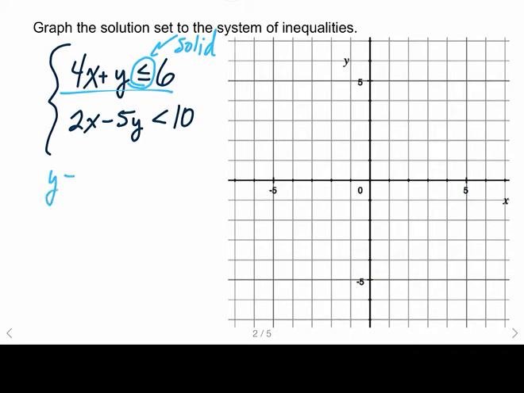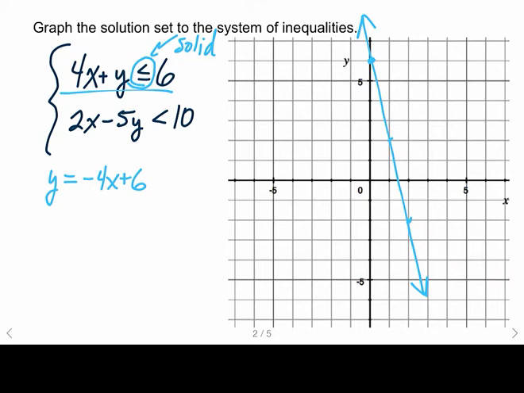And so I'm actually going to graph y equals negative 4x plus 6, and then we're going to use test points to figure out which side to shade. So if y equals negative 4x plus 6, then we have a y-intercept of (0, 6), and a slope of negative 4. So down 4 and to the right 1, down 4 and to the right 1, and then we're going to draw a line. And again, the line is solid because it was a non-strict inequality.